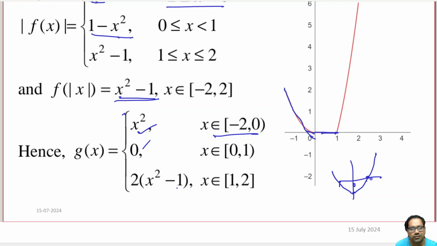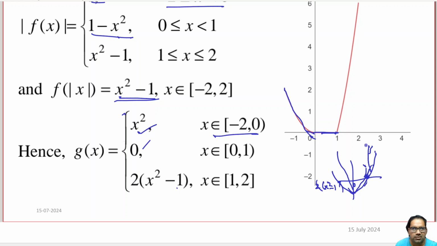At this point it is 0, and 2 times x square minus 1 is the same graph stretched 2 times. That means if x square was 1, then 2 x square would have been 2.